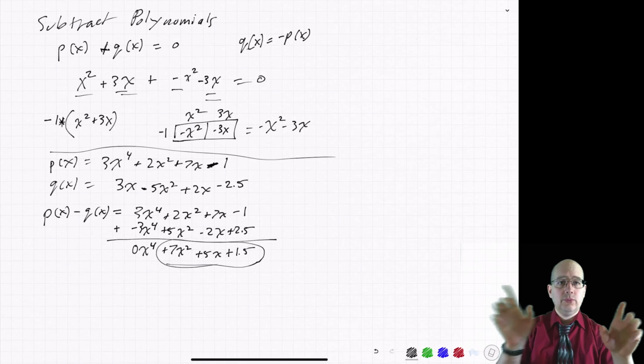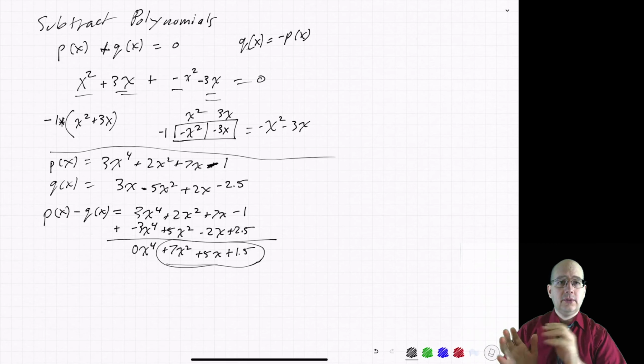Just boom, boom, multiply, and then combine the coefficients of the like degrees, right? So those are the main skills here. Play around with it, explore it. Whole new world of pretty graphs and nice stuff.